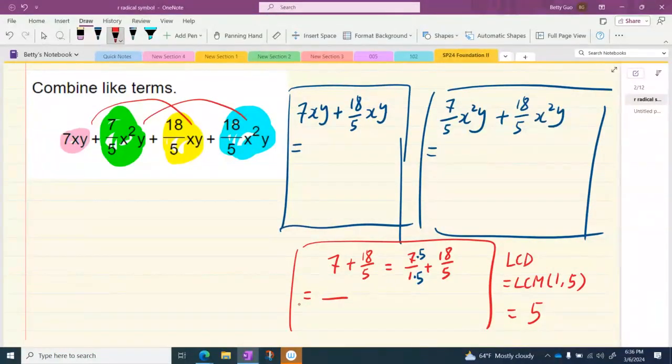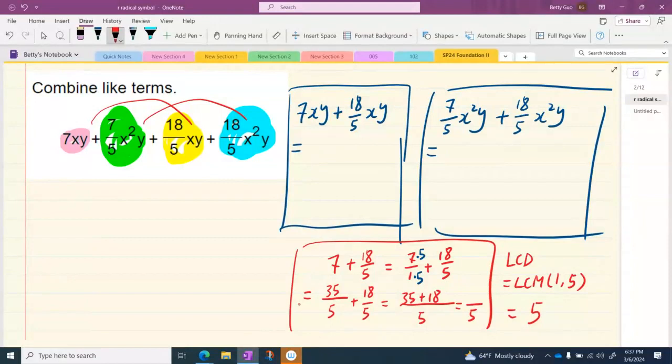So 7 times 5 is 35. 35/5 plus 18/5. Those two fractions have the same denominators. We are going to keep the denominator and solve the top. 35 plus 18. Help me out with the calculation. What is 35 plus 18 on your calculator?